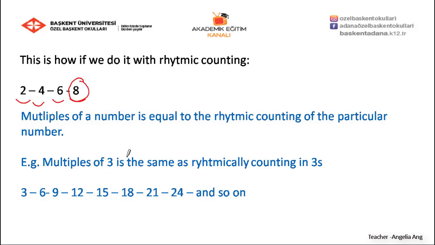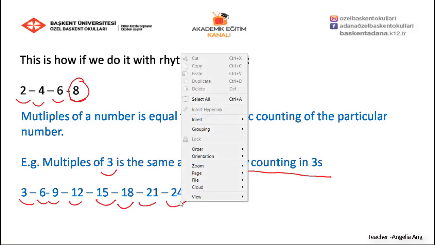For example, multiples of 3 is the same as rhythmically counting in threes. So 3, 6, 9, 12, 15, 18, 21, 24, and so on.